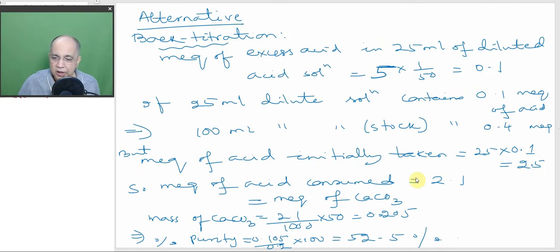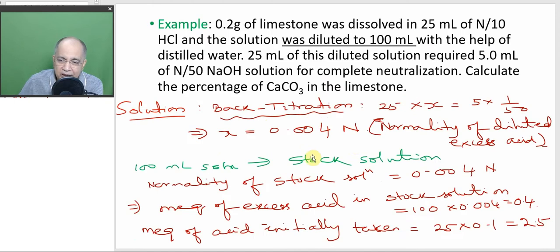So you can also do it in a unitary method. If instead of doing V1N1, V2N2, supposing someone says, what is the milliequivalent of sodium hydroxide consumed in the back titration, 5 into 1 by 50. So that amount of milliequivalent of excess acid is present in 25 ml.